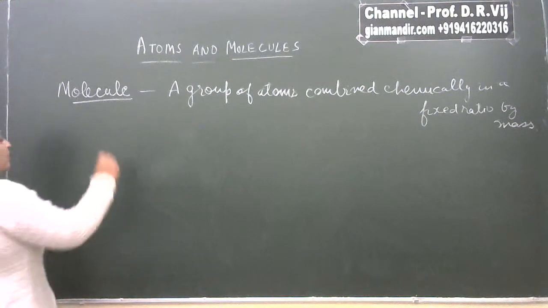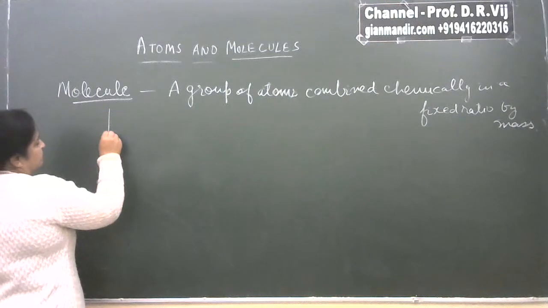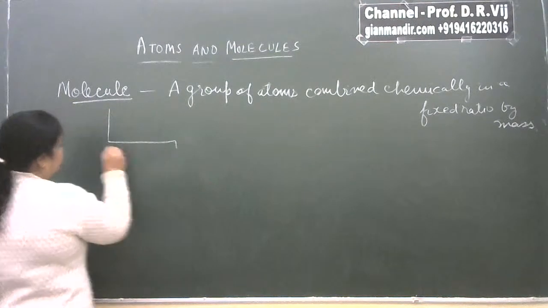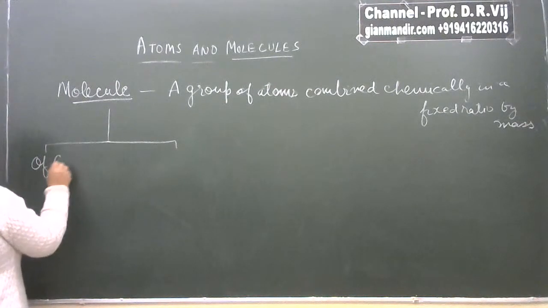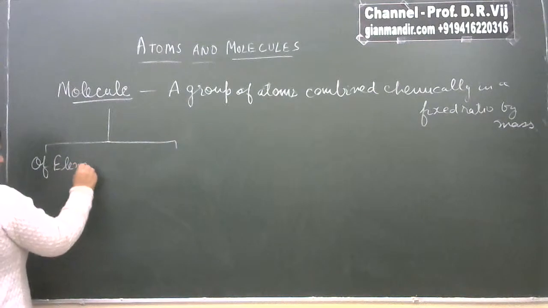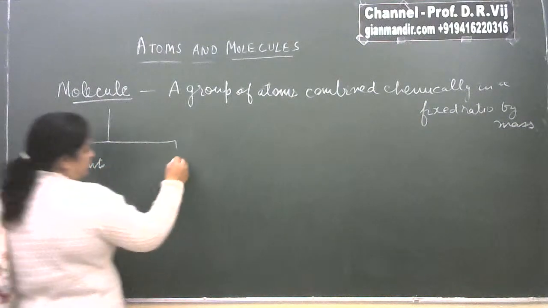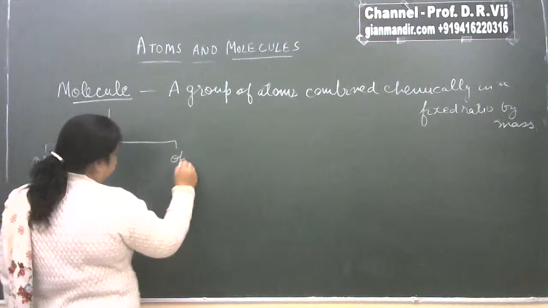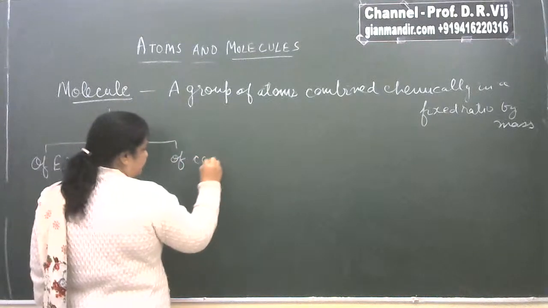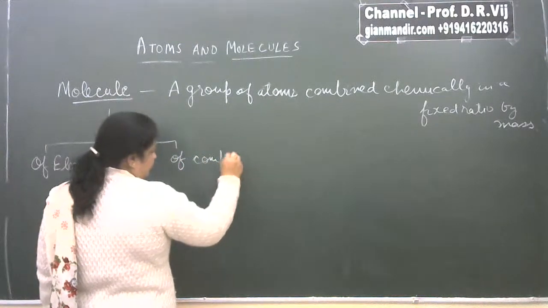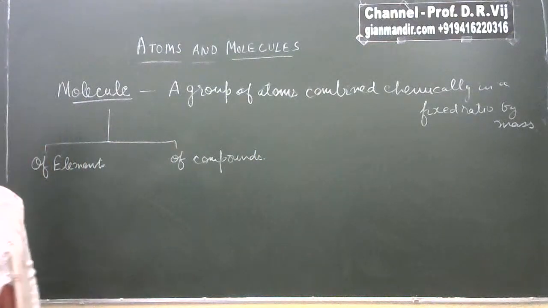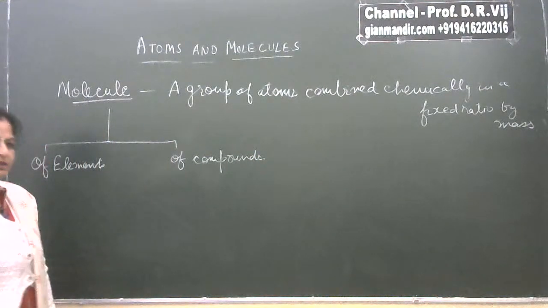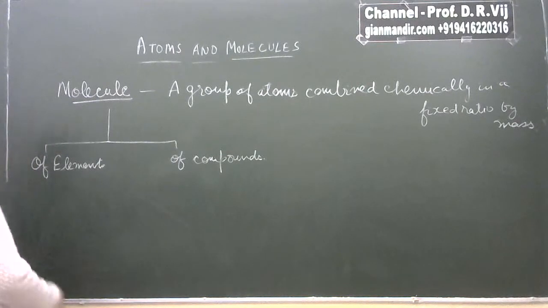Now, if we look at the types of molecules, they are of two types depending upon the nature of constituent atoms. These may be molecules of elements and they may be molecules of compounds. So what is the basic difference between molecules of elements and molecules of compounds?